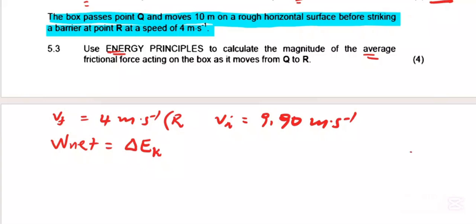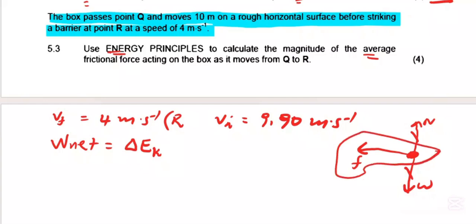Now let's look at the free body diagram. We have the normal force, the weight, and the friction. The normal force and the weight give us zero work because they are perpendicular, they make 90 degrees. Then we are left with the friction as our net. So the work done by friction is equal to the change in kinetic energy.